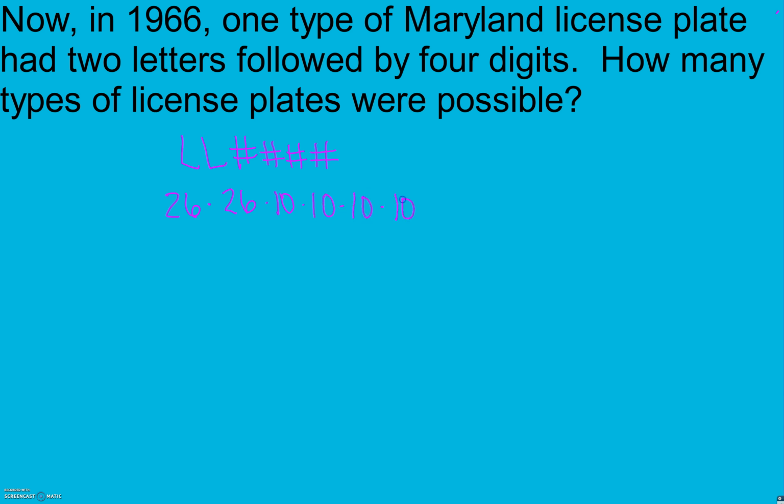And we multiply all of our options here. So the counting principle says we multiply each event. So 26 times 26 times 10 times 10 times 10 times 10, which is going to give us 6,760,000 possibilities.